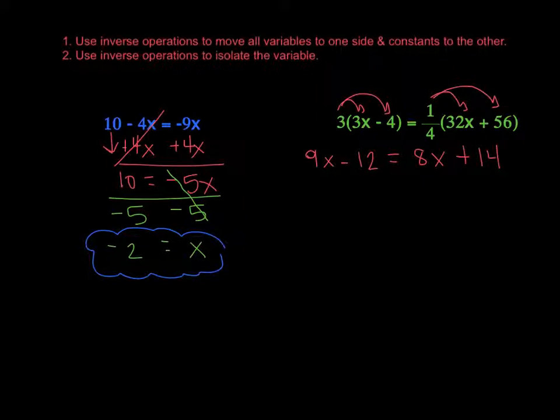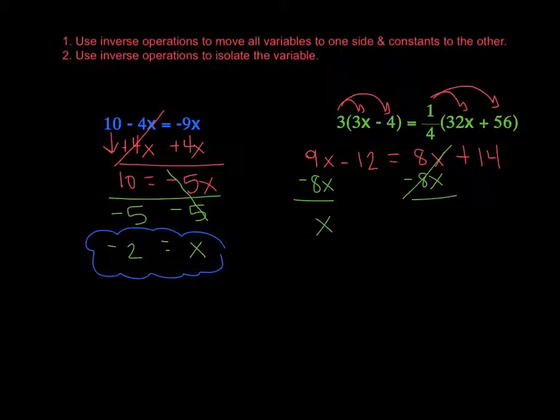Now I'm going to go ahead and move my variables to the left and my constants to the right. I generally move my smaller variable, but it doesn't matter. I could go either way. So I'm going to move 8x to the other side, so the opposite of positive 8x is negative 8x. So I'm going to subtract that from both sides. When I do that, those are going to cancel, and 9x minus 8x is 1x.